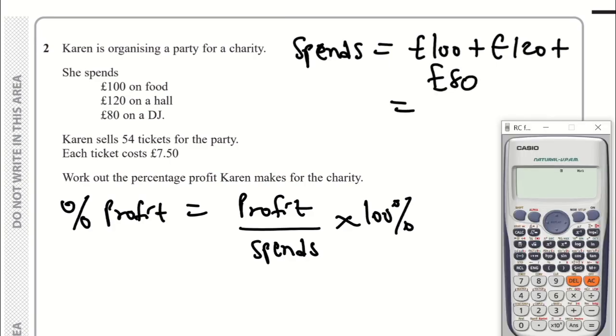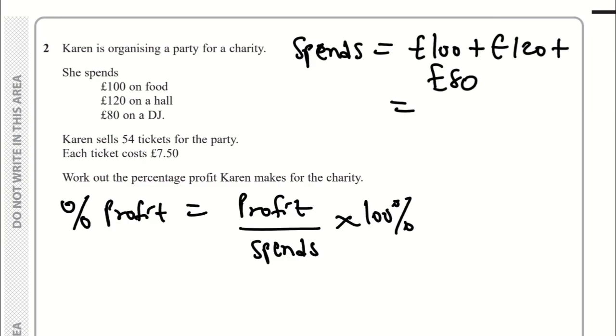Let me get a calculator and then let's do that. So 100 plus, we can do this without using a calculator, plus 120 and then plus 80. What is this going to be? That's 300. So she spent £300. Okay. Now what about the income? That's the money generated from this party.